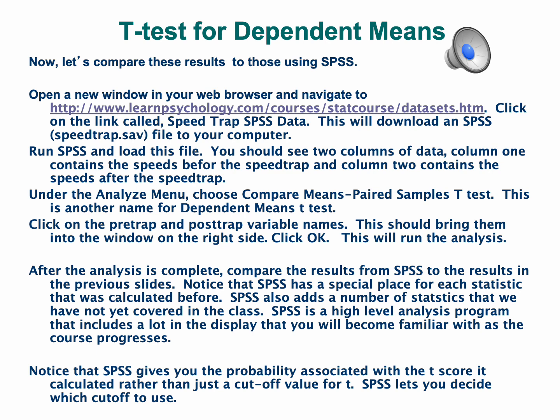If you click on the pre-trap variable and then the post-trap variable, you'll see where SPSS enters the variable names to do a dependent measures t-test, with pre-trap first and post-trap second. This will also bring them into the window on the right side.